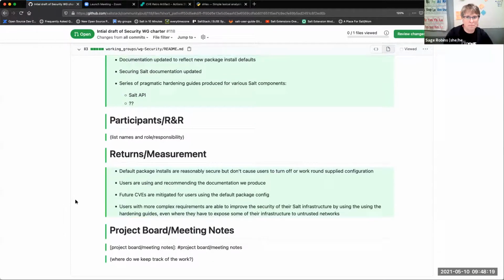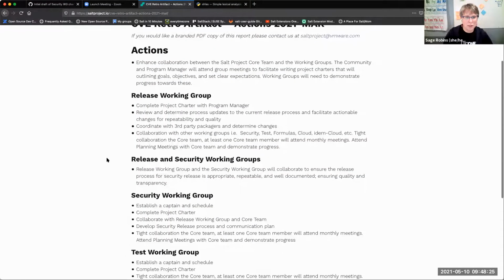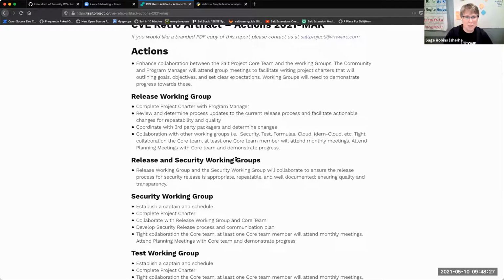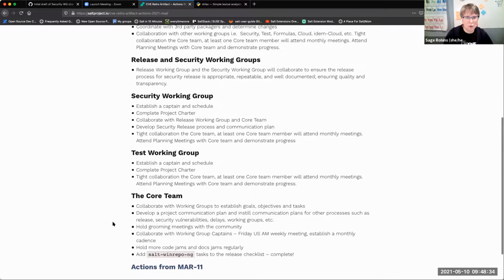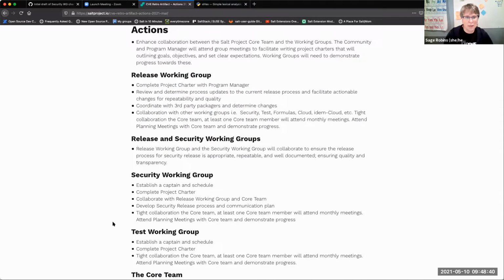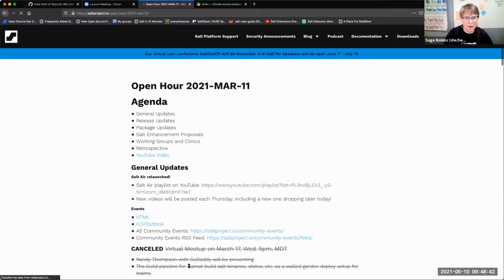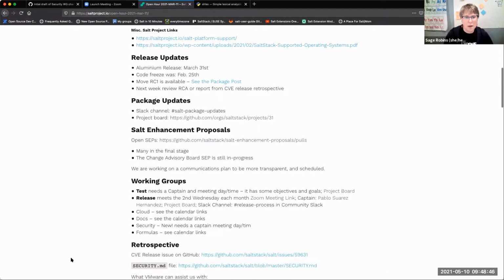I'll make it more explicit that we're going to be working with the groups, and point to this, and also point from the actions here that came out of the March 11th working groups.